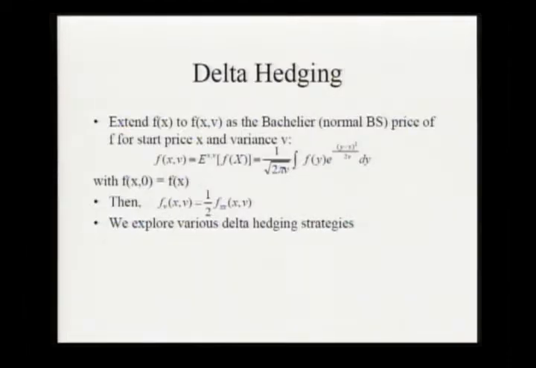Obviously, for zero variance, you're back to the final payoff. And it satisfies a kind of heat equation here. It's the reverse convention of the Bachelier PDE, because v, the variance, is a remaining variance. It will decrease as you go through time, as opposed to small t advancing in time. So it satisfies this.